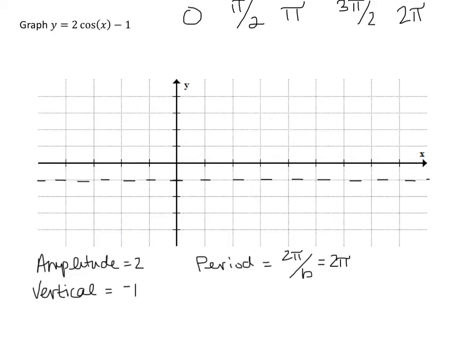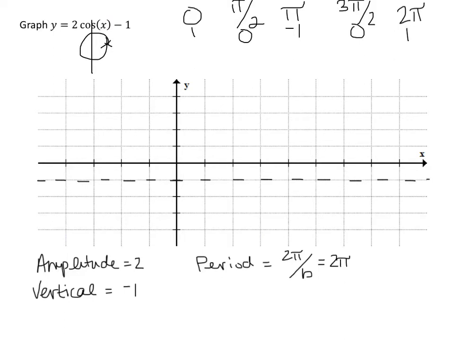Now I need to know something about the cosine graph. I need to know where it starts. Well, if I think about that Ferris wheel with the line down the center, I realize I start at the maximum. So generally, I would say I have a maximum of 1 down to 0, -1, 0, 1.